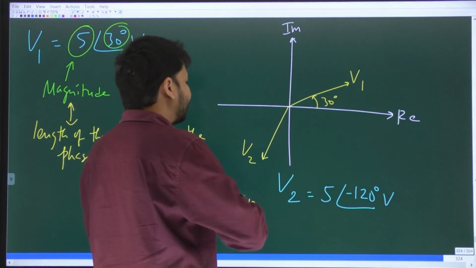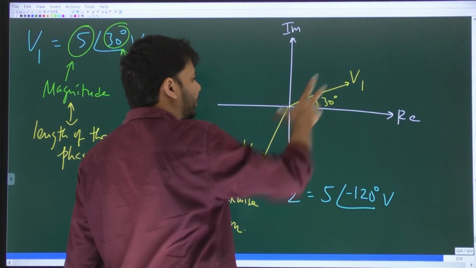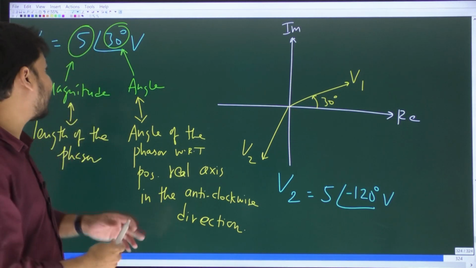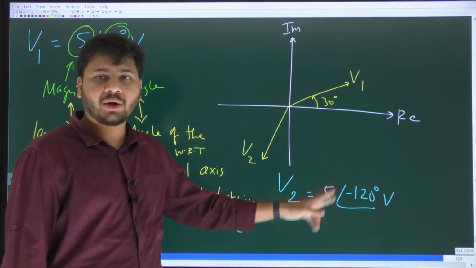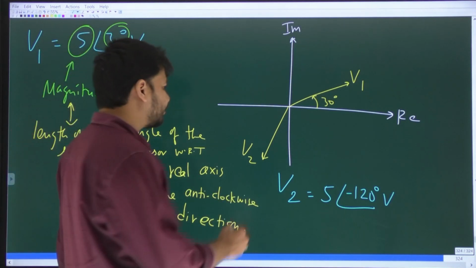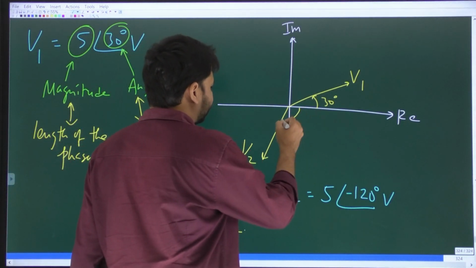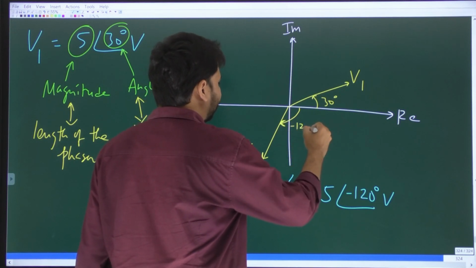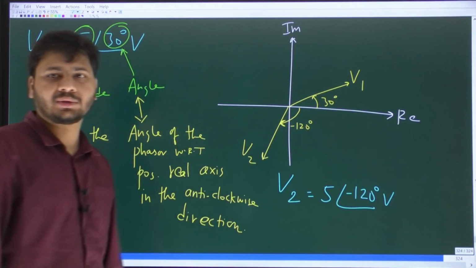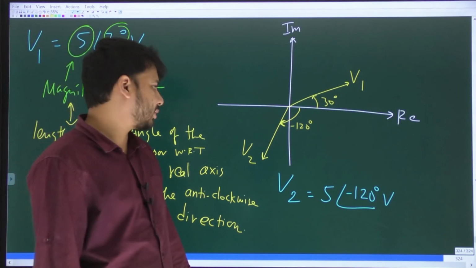You can see this phasor V2 and this phasor V1 both have the same length, because magnitude of V1 is 5 and magnitude of V2 is also 5. Okay. But what is this angle going to be? Minus 120 degrees. You understood? Yes.